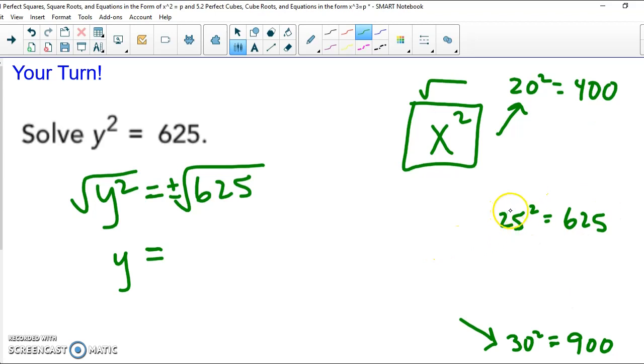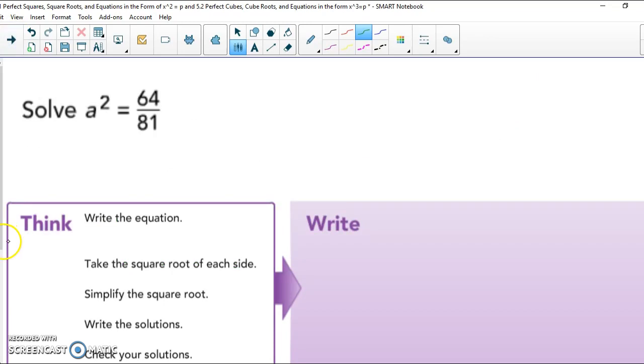So then I just checked 25, and I squared 25 quickly and found that that is indeed the square root of 625. But if you have trouble figuring out how to use this button on your calculator, I can help you as well.